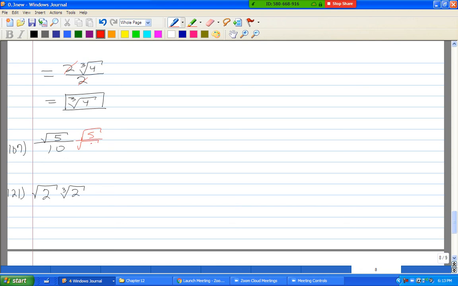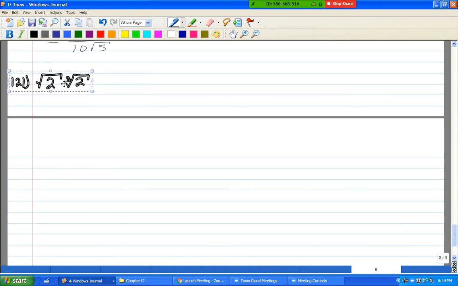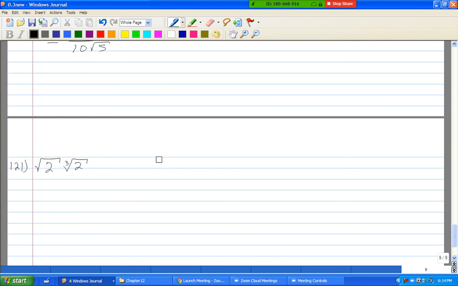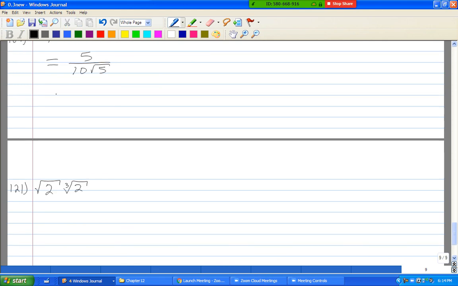Okay. And so I get rad 5 times rad 5 is 5, so 10 rad 5 over 5. But I can simplify this. 10 divided by 5 is 2. And so this is equal to 2 rad 5, or 1 over 2 rad 5 as stated. And that is your answer.